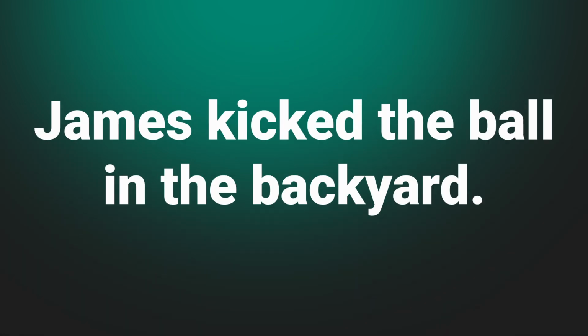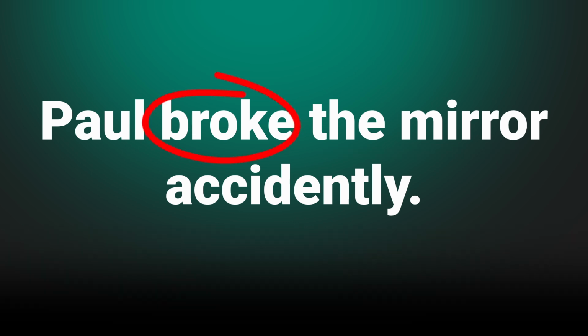For example, James kicked the ball in the backyard. Notice the ball received the action of the verb kick and therefore is transitive. Let's look at another example. Paul broke the mirror accidentally. Notice the mirror received the action of the verb broke and therefore is transitive.